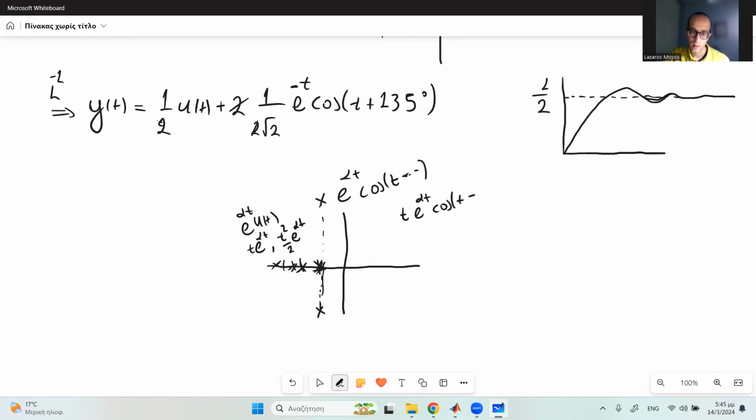So similarly to before, you're going to end up with the exponential multiplied by the cosine, but also multiplied by some t and maybe some t squared of the exponential. So the idea is exactly the same, but we don't usually solve these kinds of exercises because they end up being extremely tiring to solve and find the coefficients. But these are all the four cases. Poles with multiplicity 1, poles with higher multiplicity, complex poles, and complex poles with multiplicity.